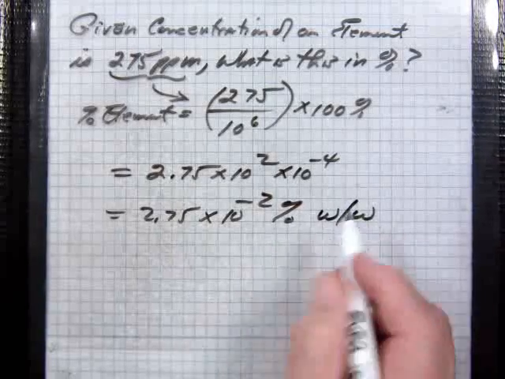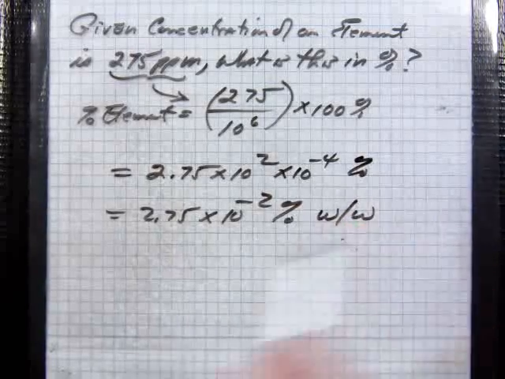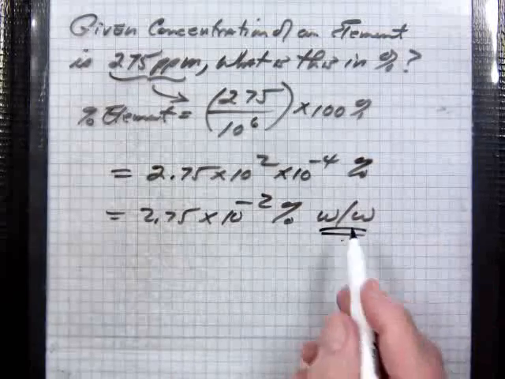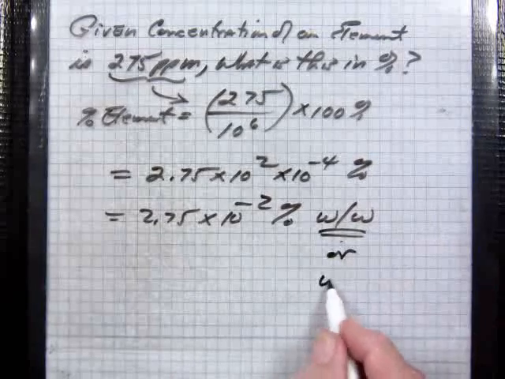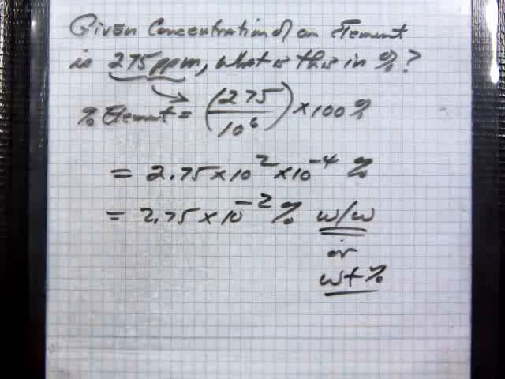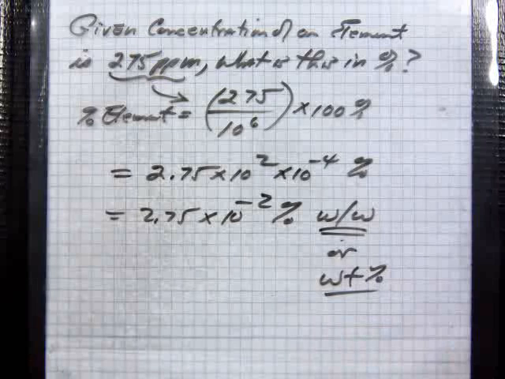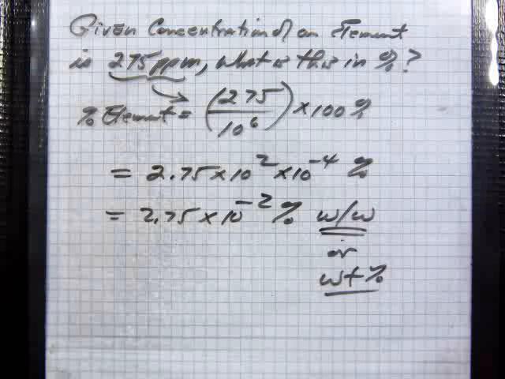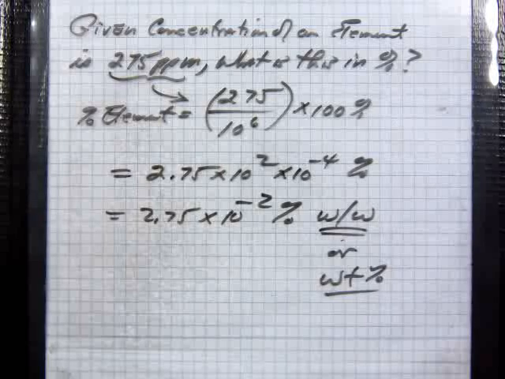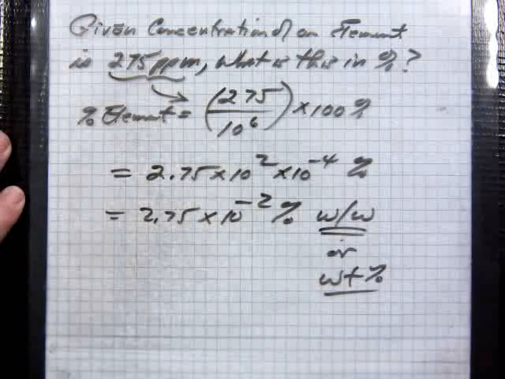Sometimes when you see a percentage written, you'll see a W/W, or you'll see a weight percent. That means the ratio is based upon mass over mass values. If you see a V over V value percentage, that means it's based on volume percent. Sometimes you go to buy isopropyl alcohol at the pharmacy, it's 30% isopropyl alcohol.